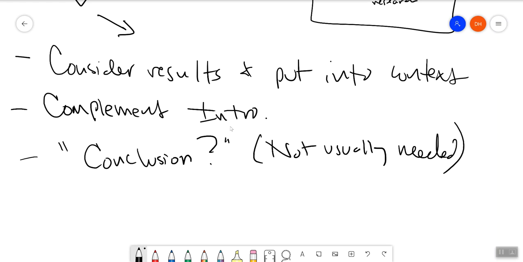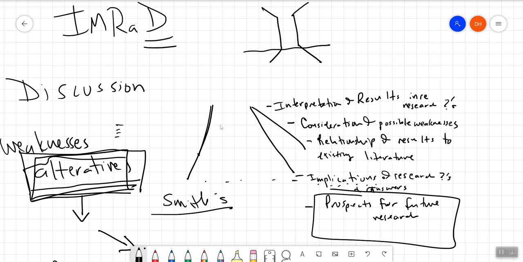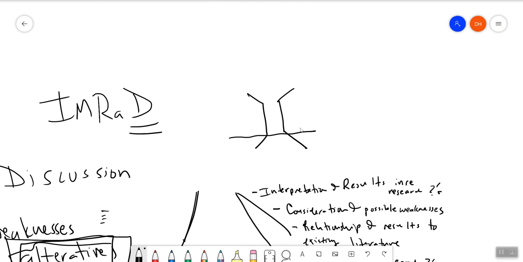You want to be sure to complement the introduction. And what do I mean here? If we go back to that structure, remember that the introduction is basically setting the context and then discussing your research questions, okay, whatever those are. Whatever research questions show up here must be answered down here, okay, so there's no hidden surprises down here. You want this structure to be as rigid as possible.